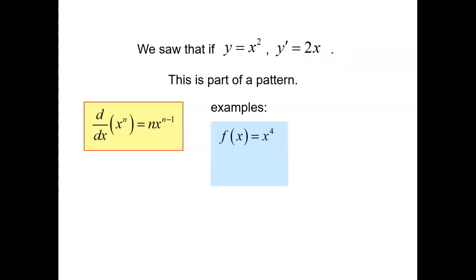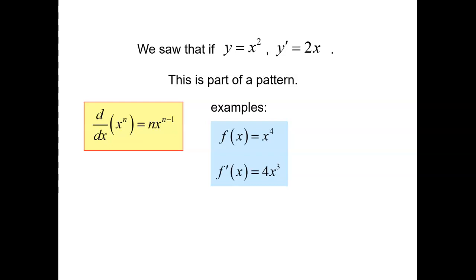Here's an example. Using this rule, we have a power function, x to the fourth, where 4 is a rational power. The 4 would get dropped to the front, and I would subtract 1 from the exponent, so the derivative is equal to 4x to the third. Earlier in this semester, we found the derivative of this using the limit definition of the derivative, which was quite a lengthy process.